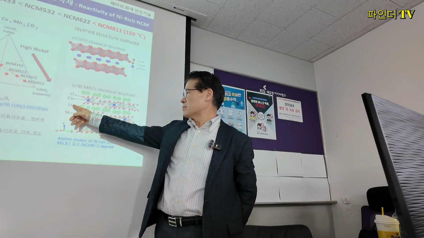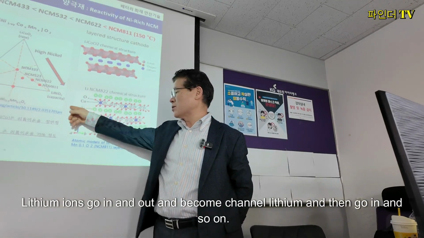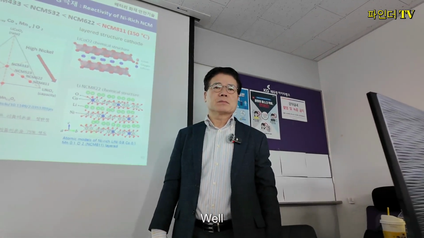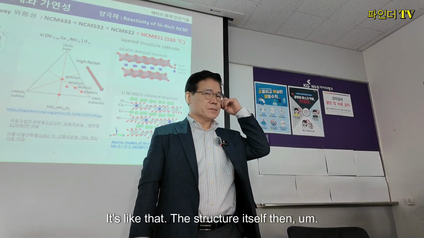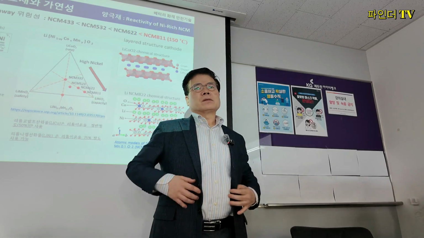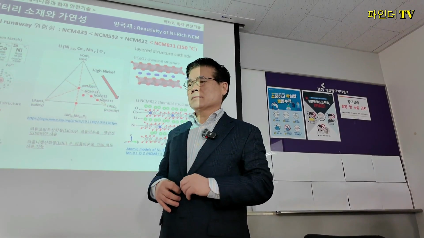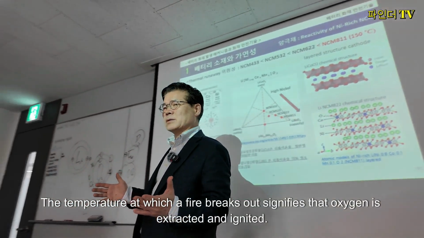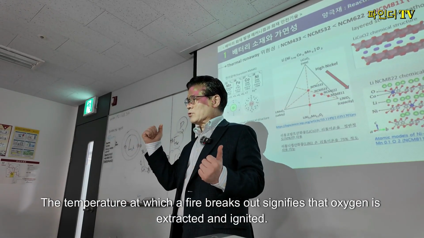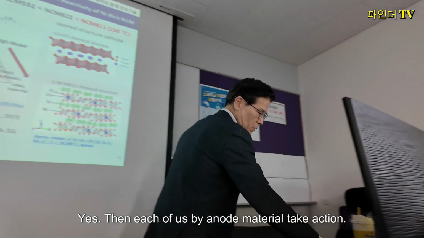Lithium ions go in and out. The structure itself then, fire ignition. The temperature at which a fire breaks out signifies that oxygen is extracted and ignited. Then each of us, by cathode material, take action.